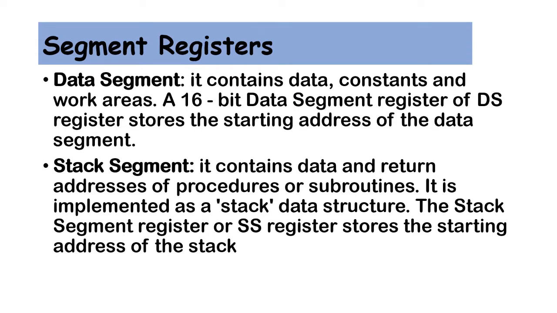The nomenclature for such registers is also DS, data segment. All right. So note that it also stores the starting address of the data segment, whereas the code segment stores the starting address of the what? Of the code segment.